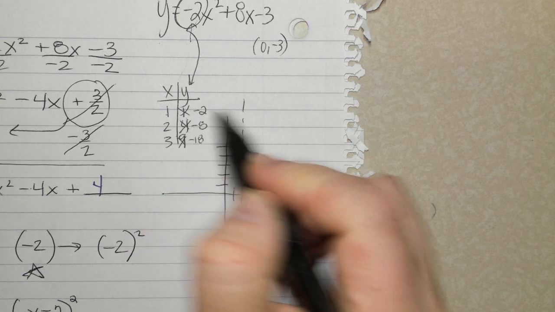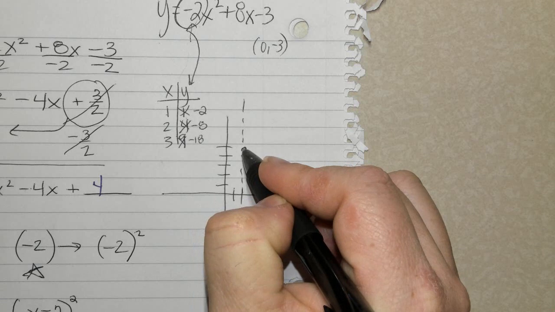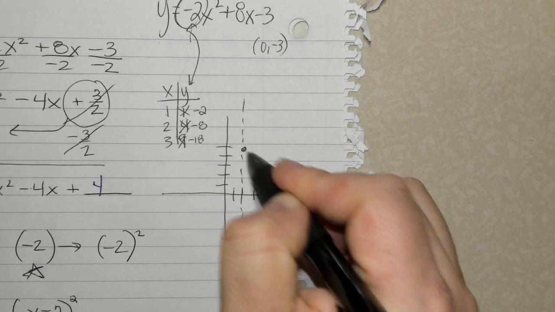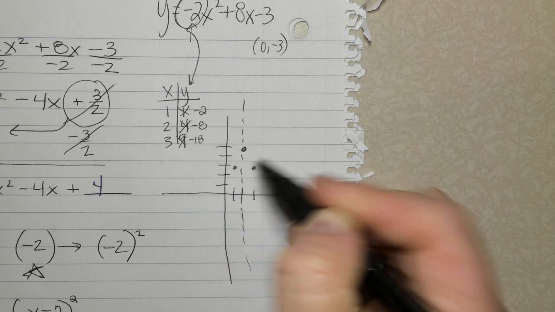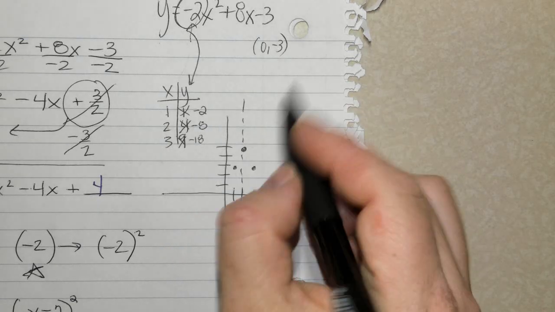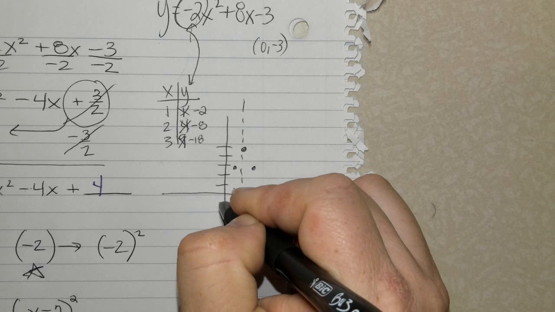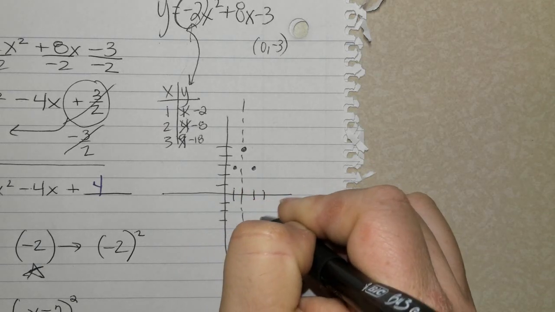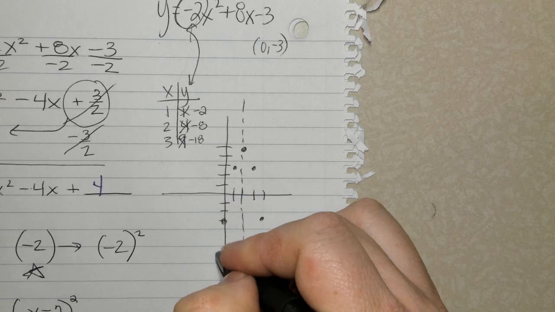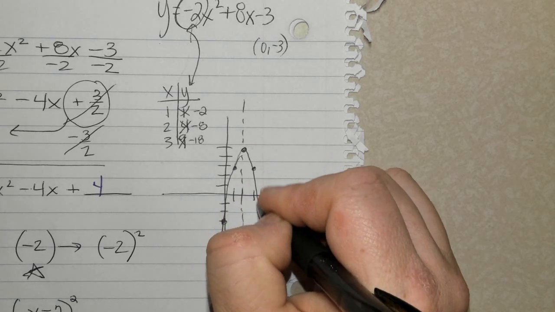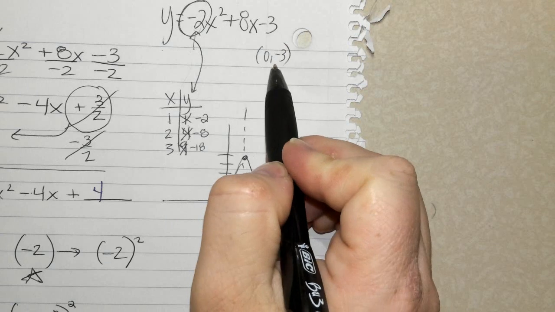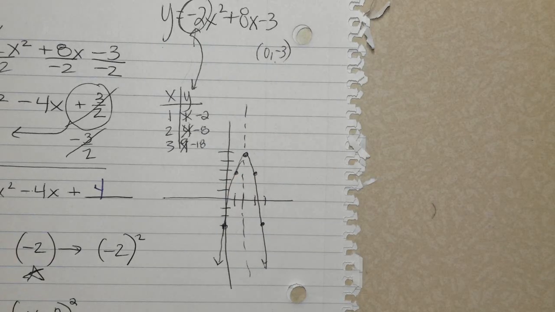Well, I'm going to start with 1, negative 2. This is my new origin, so I'm going to go to the right 1 and down 2. And the symmetrical point, to the right 2 and down 8. This matches what I have for a y-intercept.